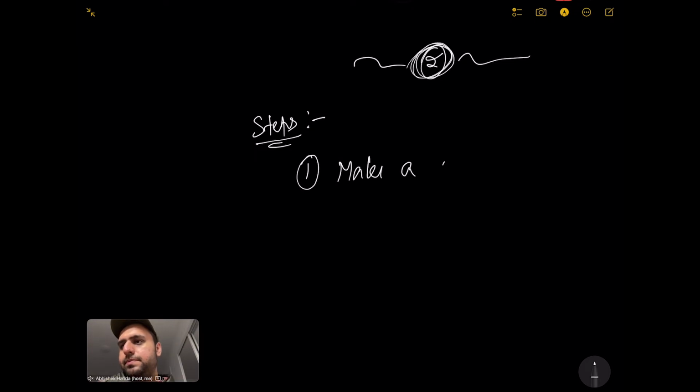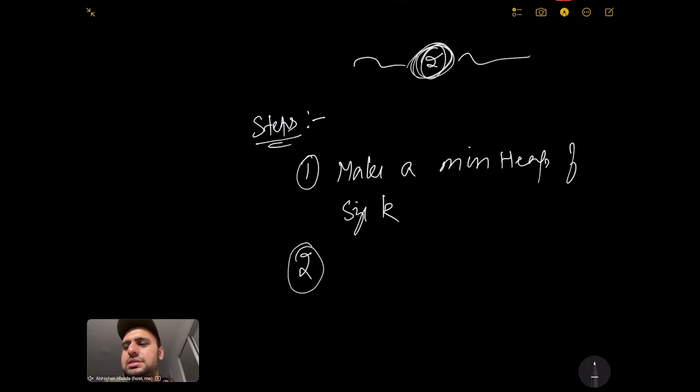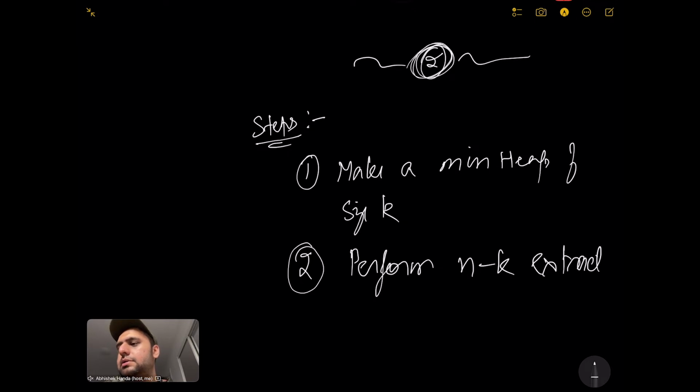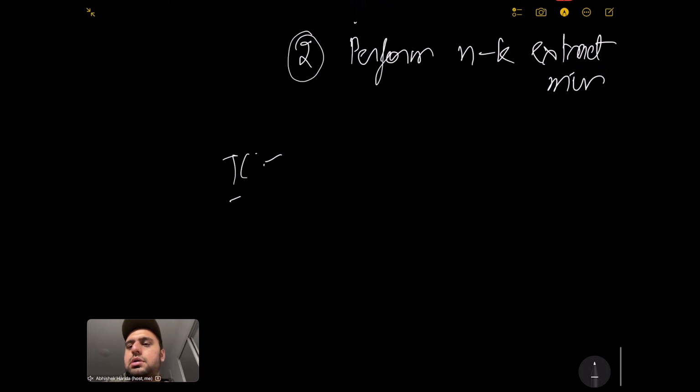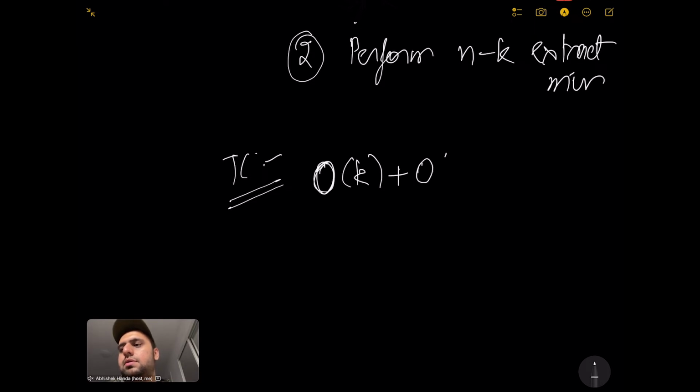So let me write down the steps for this algorithm. Step 1 is to make a min heap of size k, and after that it's just manipulation, similar to performing n minus k extract min. Let me write down the time complexity. The time complexity is order of k plus order of n minus k log k.